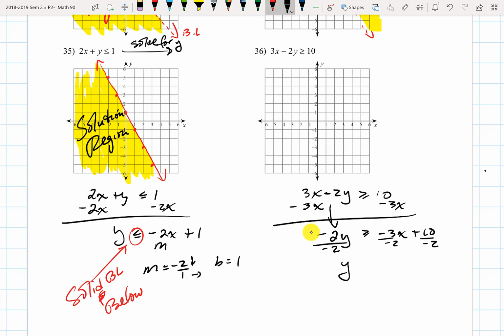So y less than or equal to, look at that, switch the inequality from greater than or equal to less than or equal to. All right, these negatives cancel out and you get 3 halves x minus 5. So the slope's 3 halves and the y-intercept's negative 5. So on this one here, we start at negative 5 and we go up 3 right 2. Up 3 right 2, up 3 right 2. Now looking at this, it's going to be solid and below.